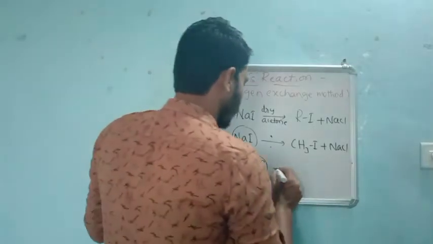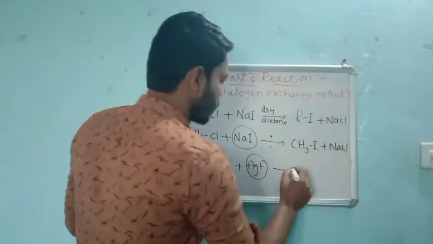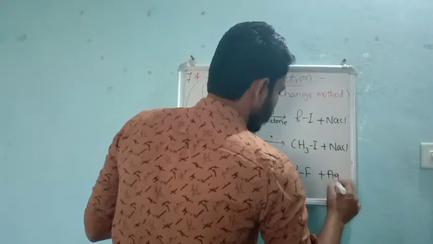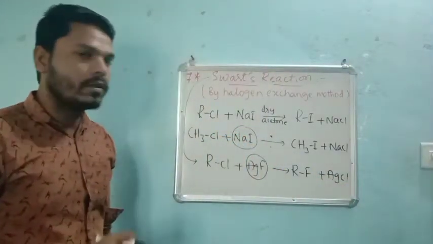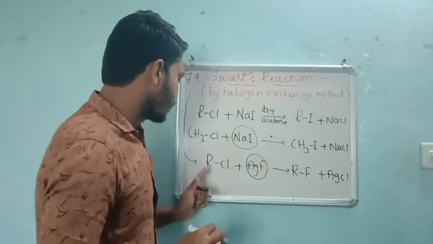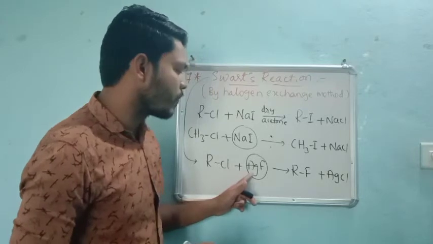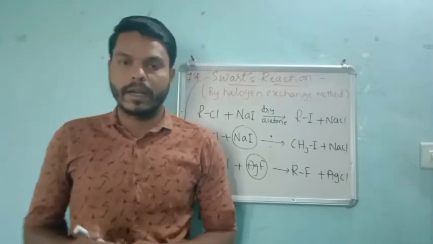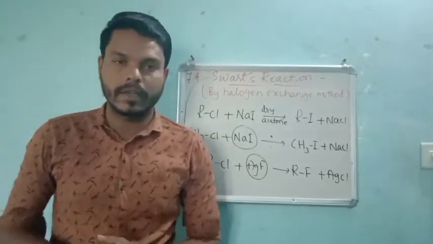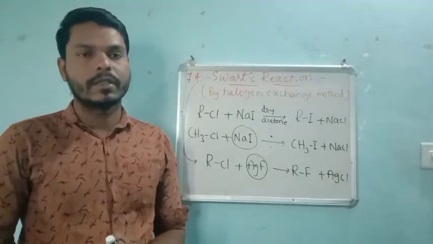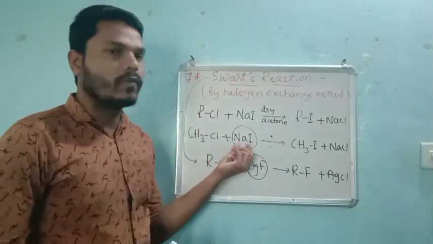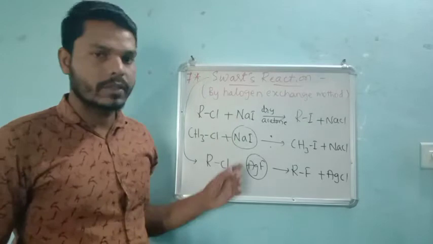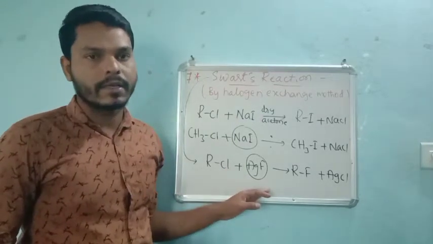Here again the same thing happens: in place of Cl you introduce F. So an alkyl halide reacts with silver fluoride to form a haloalkane is nothing but the Swarts reaction. The difference is that in the Finkelstein reaction we use sodium iodide as the reagent, but in the Swarts reaction we use silver fluoride as the reagent.